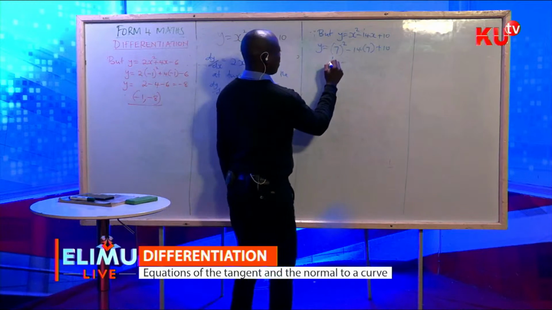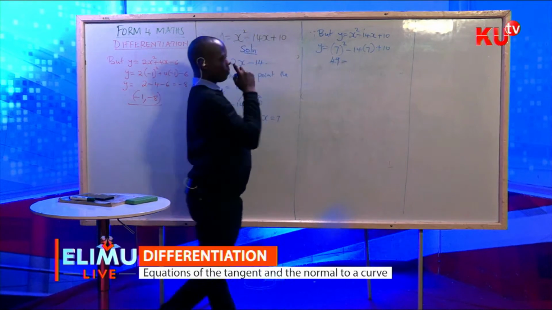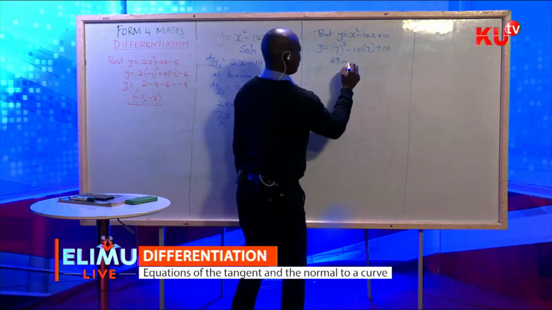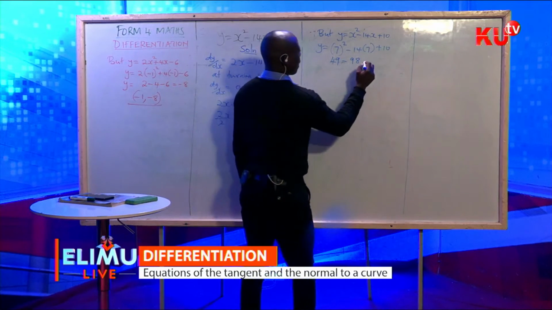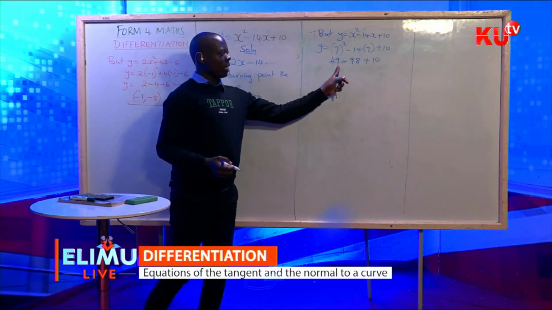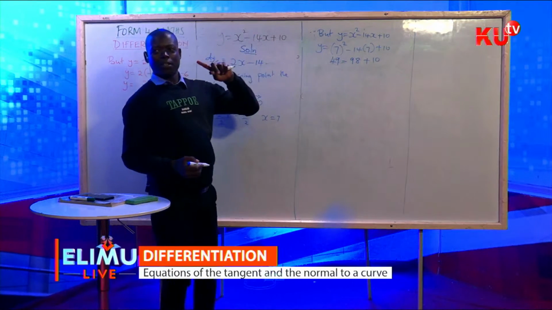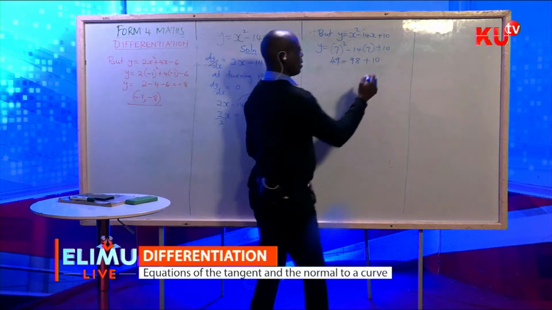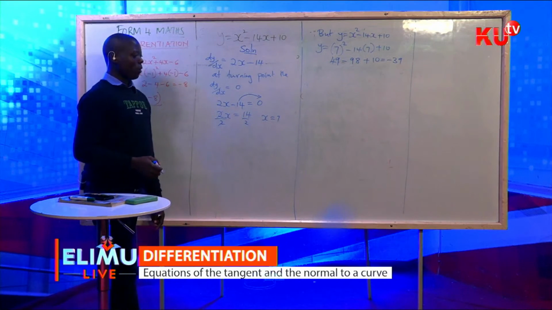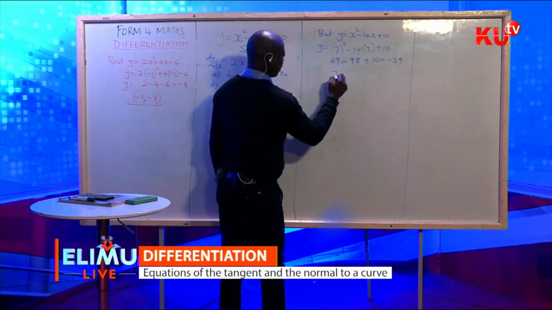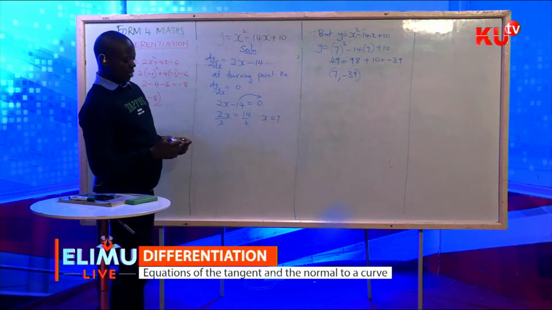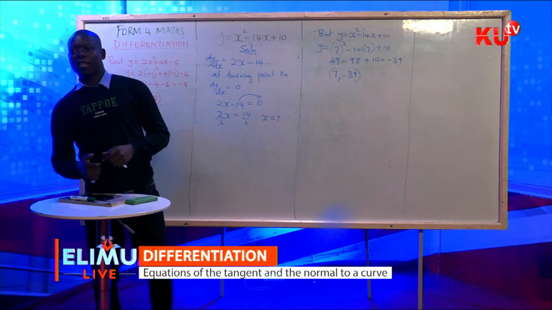Good, 49 minus 14 times 7, students, 98, plus 10. 49 minus 98, negative 49, plus 10, negative 39. Therefore, what is the point? Our turning point is 7, negative 39.